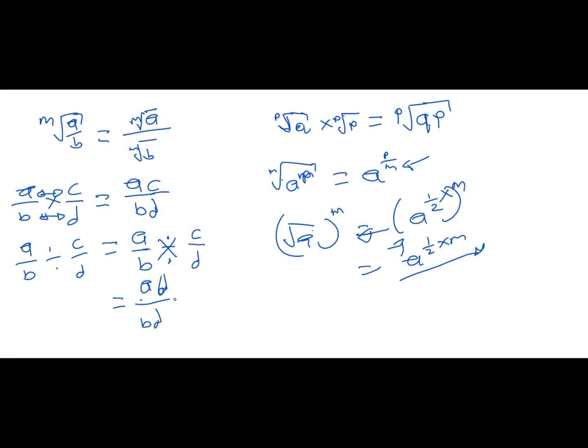So let's express this one. If we have A over B divided by C over D, we can do something like this. We swap these two, and then it's going to be A over B times, when you swap, this one is going to change.